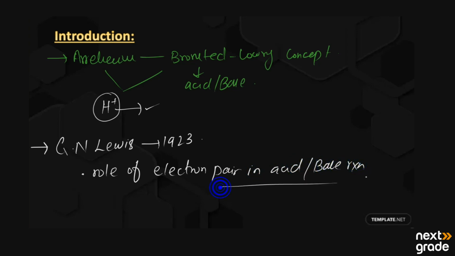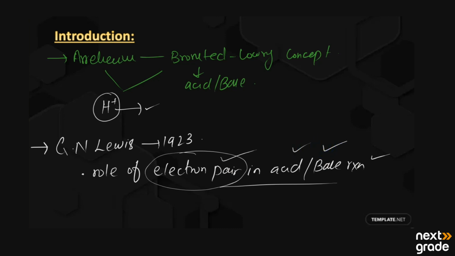His concept was more precise and classified all substances as acid or base, because all atoms have electrons in them, and when these electrons are lost or gained, we can easily categorize the substances as acids and bases.